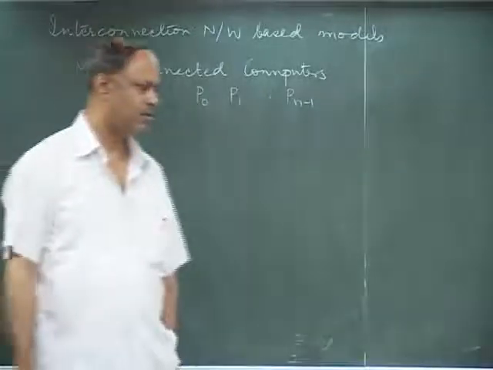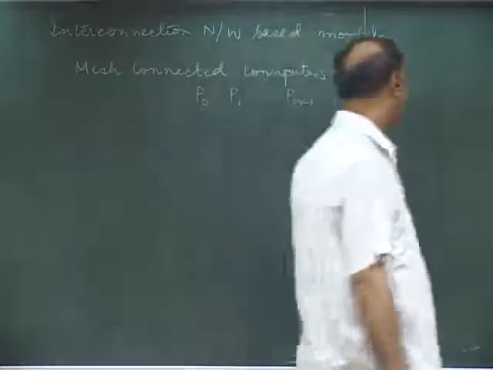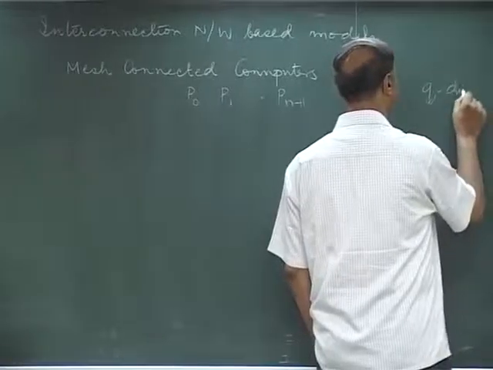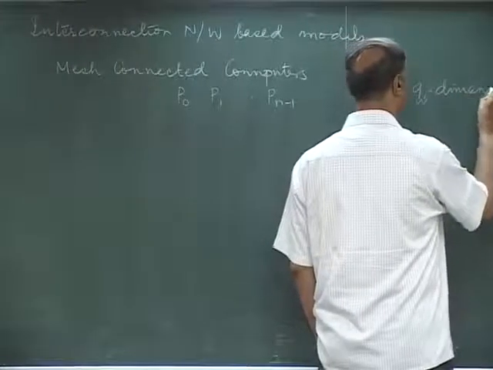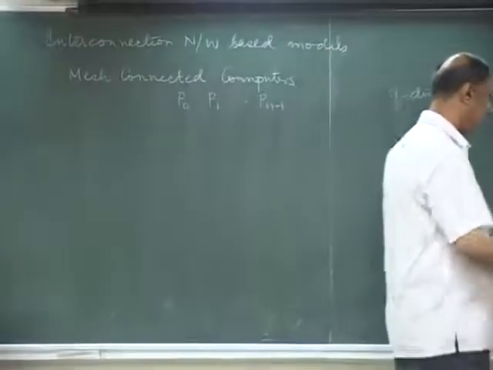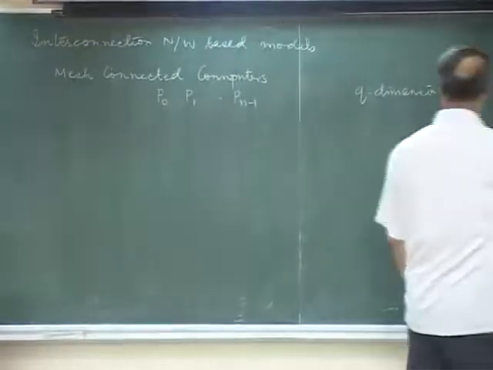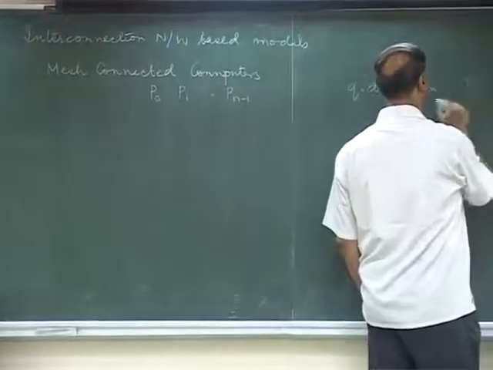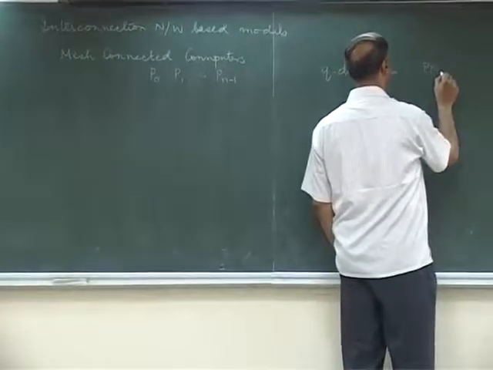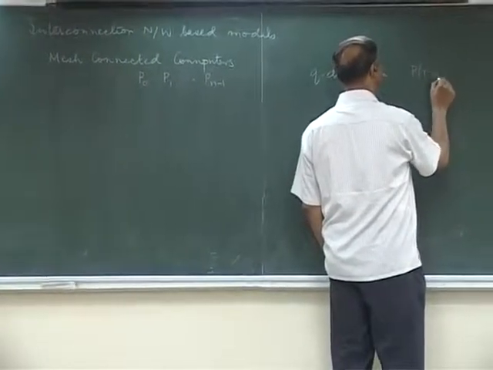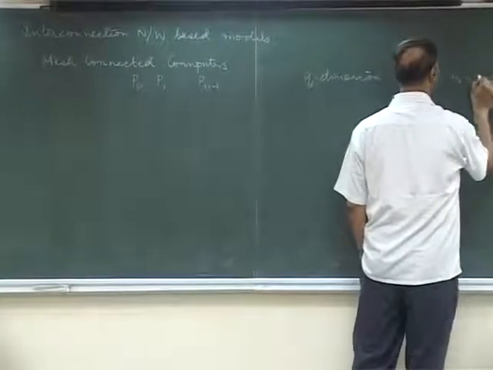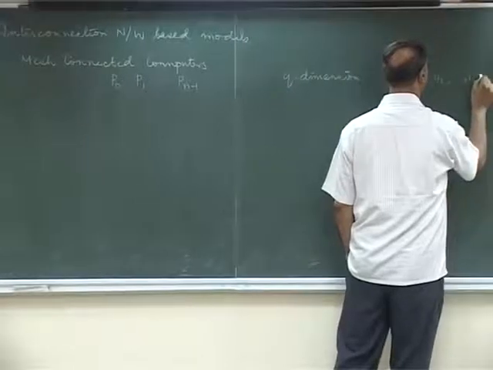And now these processors are arranged in the form of a Q dimensional array, say N1 by N2 by up to NQ.